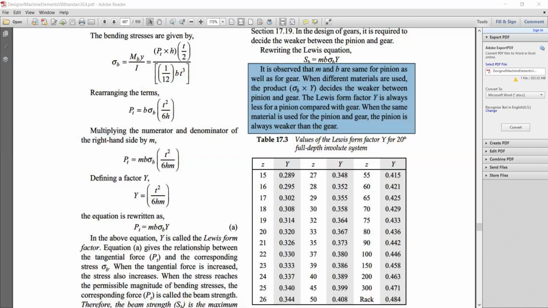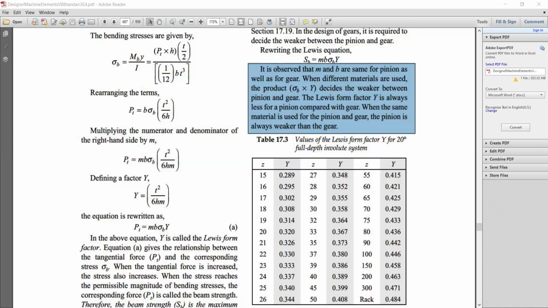Now here is the important location. In table number 1, the recommended series of modules are given. When we design any gear, initially we calculate the module, and we need to identify what should be the preferable standard for module. If we calculated the module as 3.15, is 3.15 available in the standard?